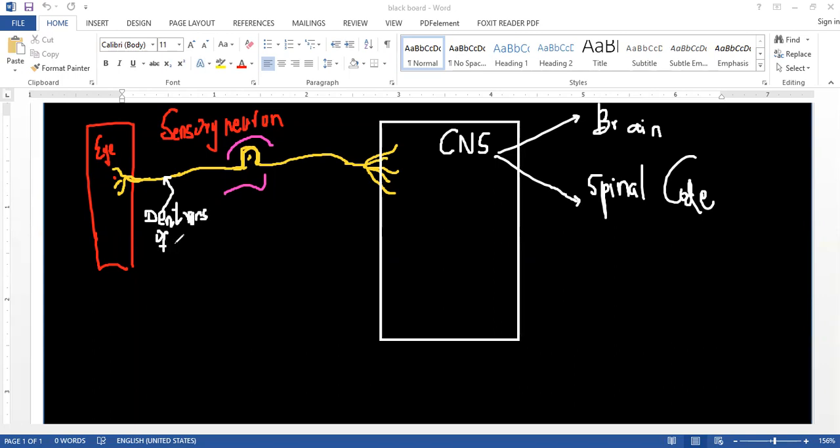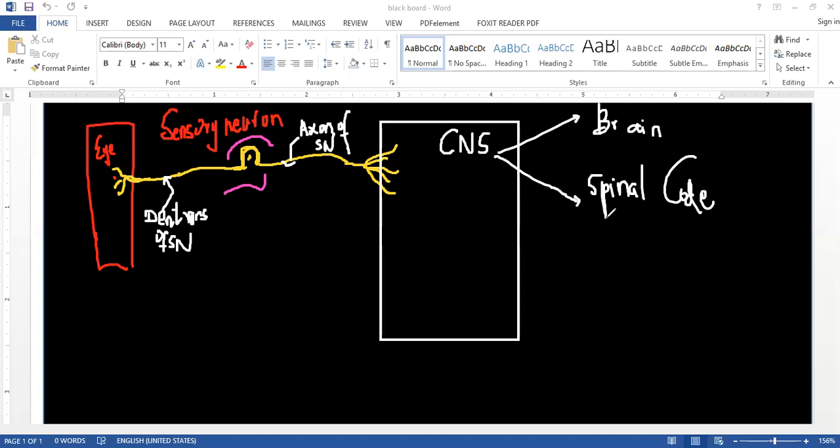So I use SN for sensory neuron. This is the axon of the sensory neuron. And these are the dendrites of the sensory neuron. I don't need to put that. Here is the central nervous system, it could be brain or spinal cord, whatever.